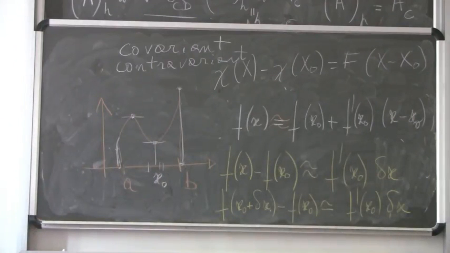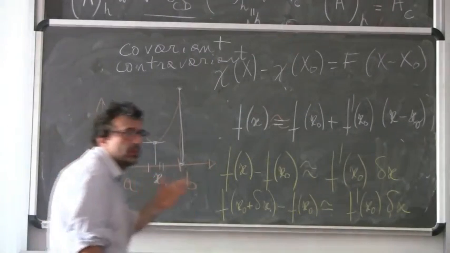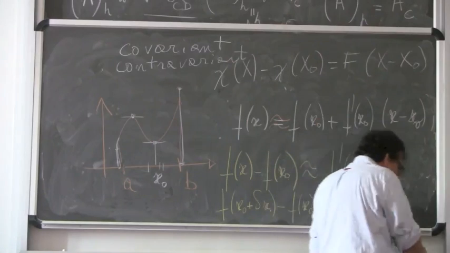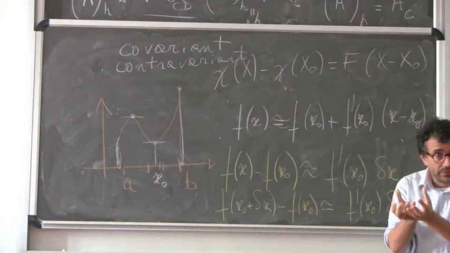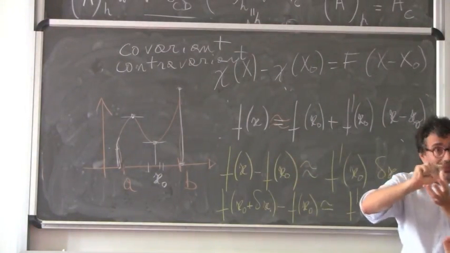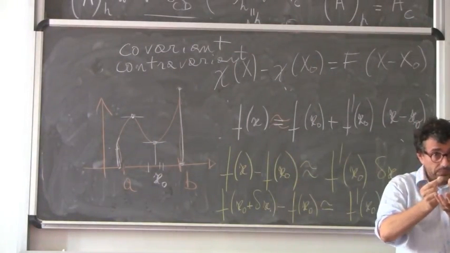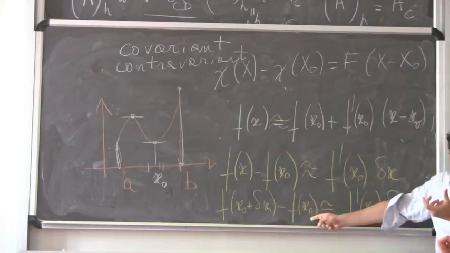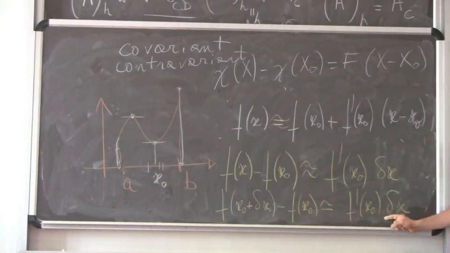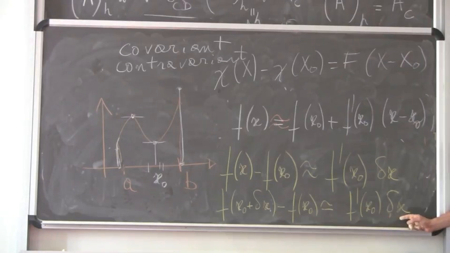So what you are doing, this is the genius of Lagrange. The genius of Lagrange is the following. I consider the independent variable. I change it a little bit. I consider the variation of the dependent variable, and I approximate this variation with a linear function of delta x.